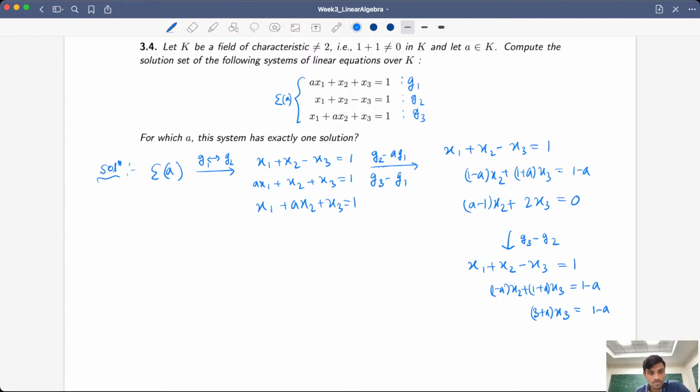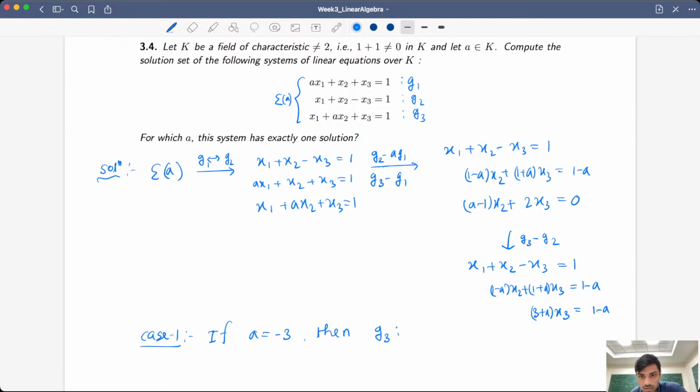So case 1, if a equal to minus 3, then this modified G3, but I am still writing that as G3.